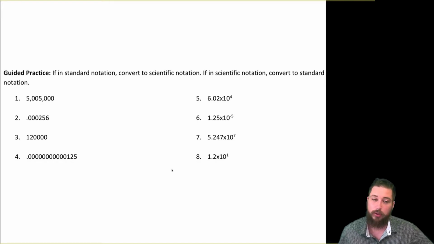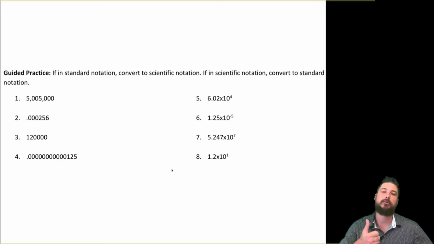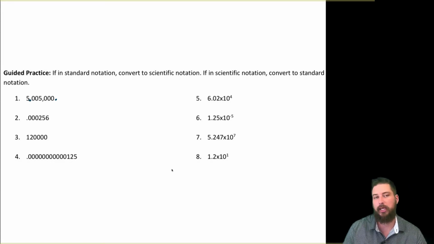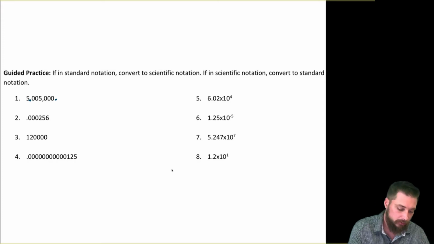Number one, what we're going to do is we need to take the decimal point and move it to where there's only one number to the left of the decimal. So we're going to take the decimal point in this problem, which is right there, and we're going to move it to where there's one number to the left. And so we end up going 1, 2, 3, 4, 5, 6.